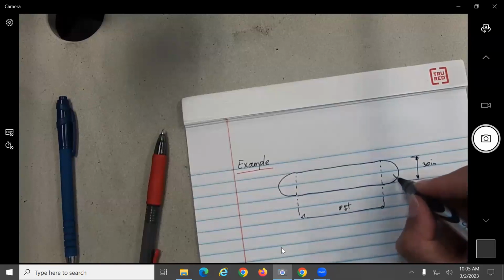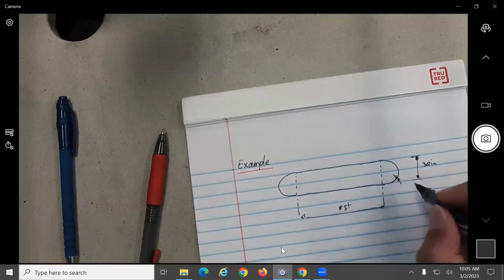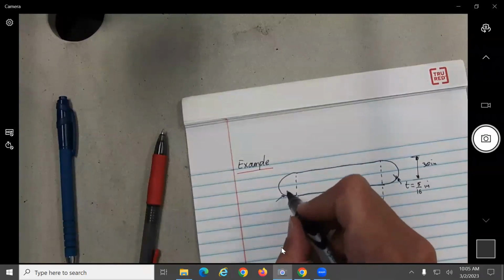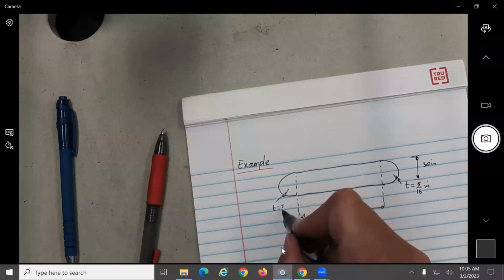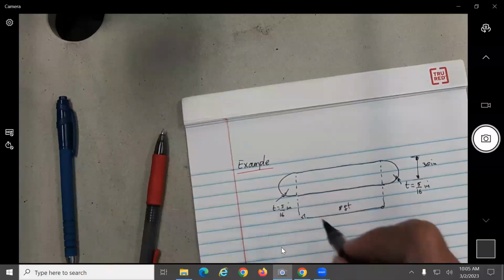And that the thickness, so this is only for the end caps, a thickness of 5/16 of an inch. So this will be here T, 5/16 of an inch.